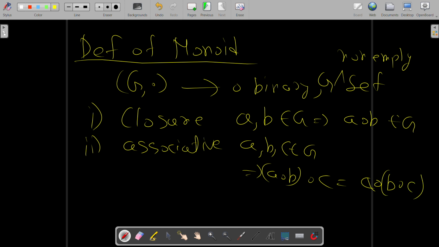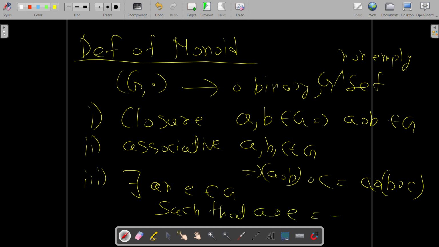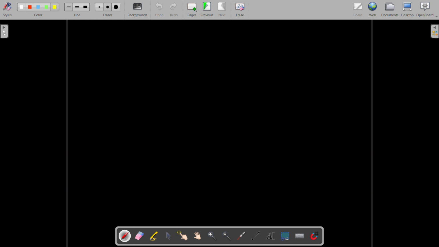And three, there exists the identity element, i.e. there exists e belongs to G such that a ∘ e equals e ∘ a equals a for all a belongs to G. If these three properties are satisfied in an algebraic structure, then it is called a monoid.